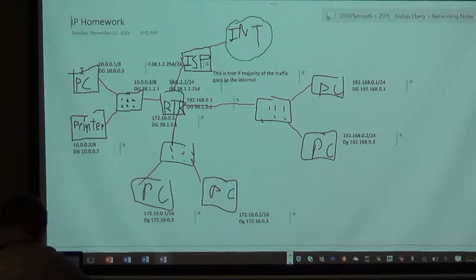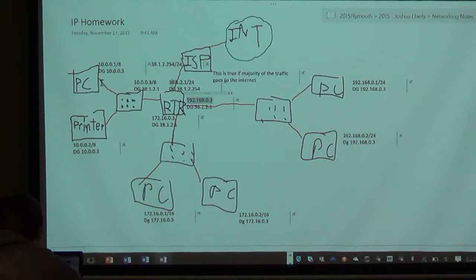If this PC over here is going to send a packet to 192.168.0.1, all it has to do is send it to its gateway, which is this interface. And if the packet's destination is 192.168.0.x, it knows that it's got an interface over here of 192.168.0.0. So it's just going to send it to that, and that guy's going to find the PC.